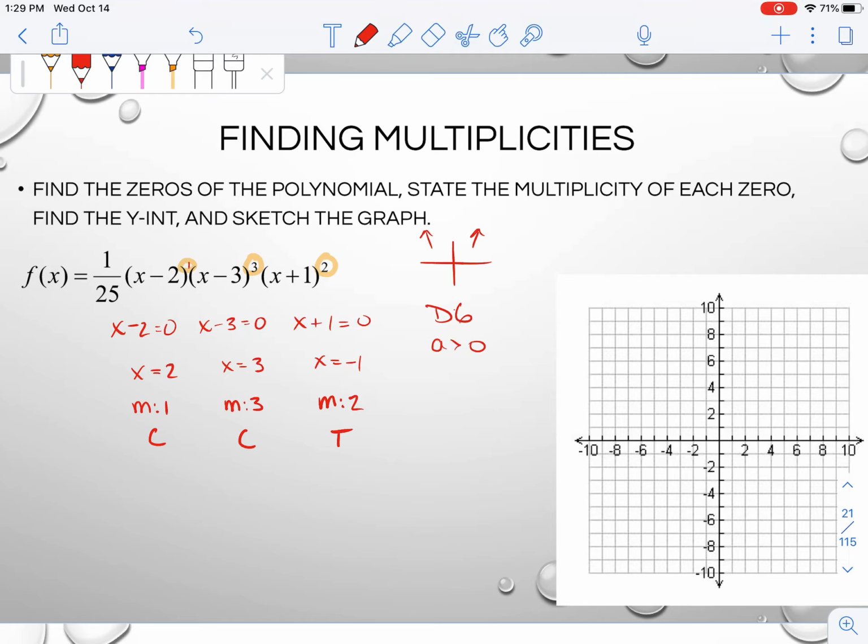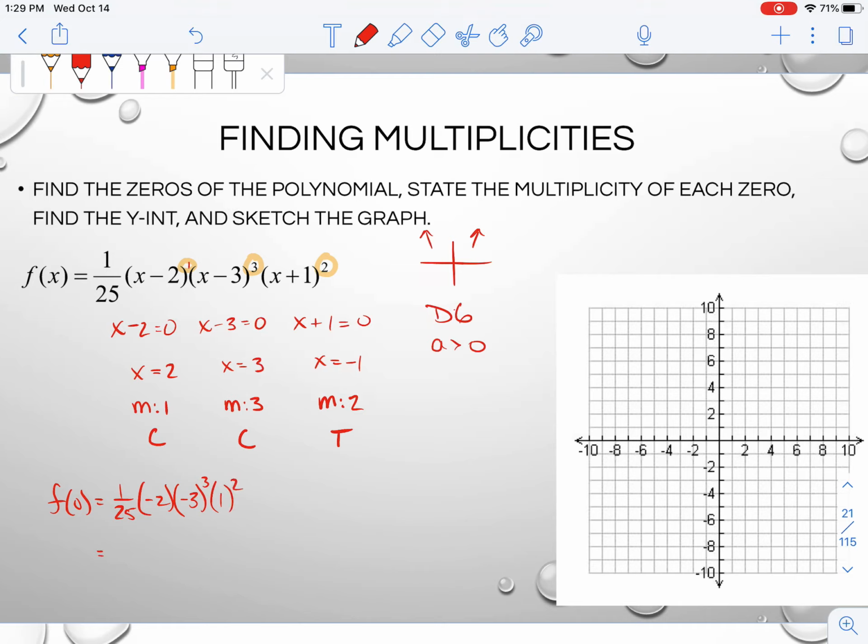Instead, let's just evaluate f of 0. So if I do that, I have 1/25th times x, or 0 minus 2, or negative 2, times 0 minus 3, or negative 3 cubed, and 0 plus 1 squared, or 1 squared.